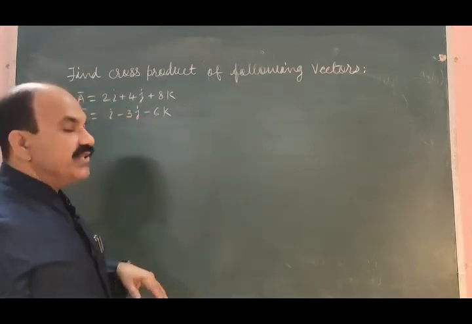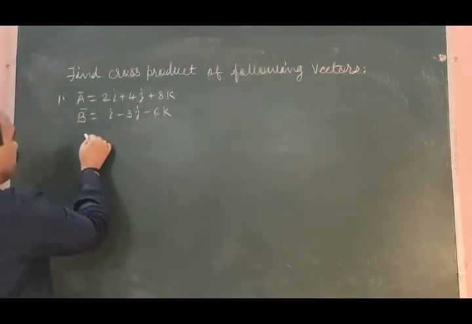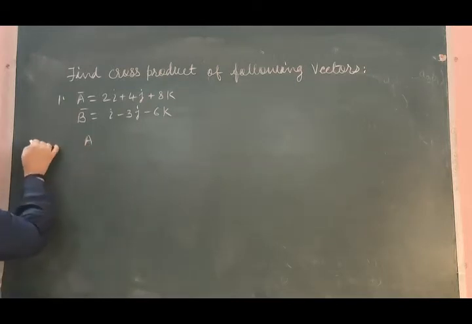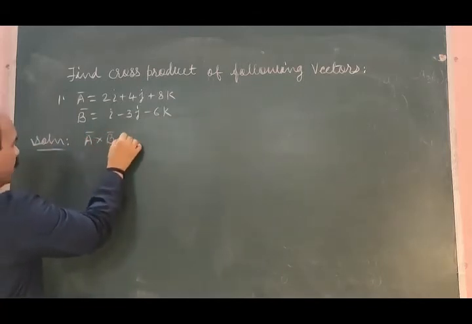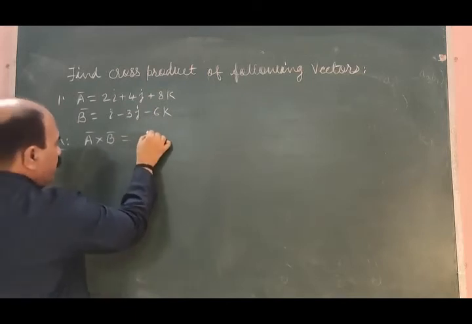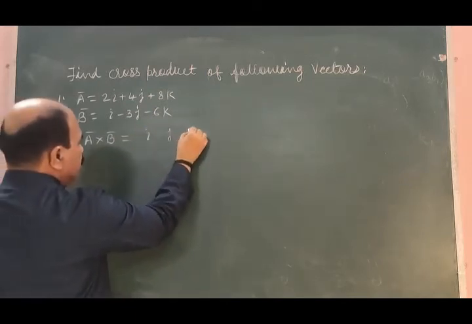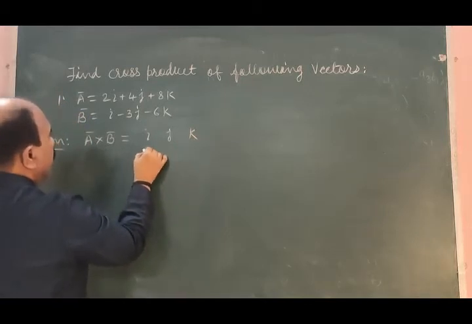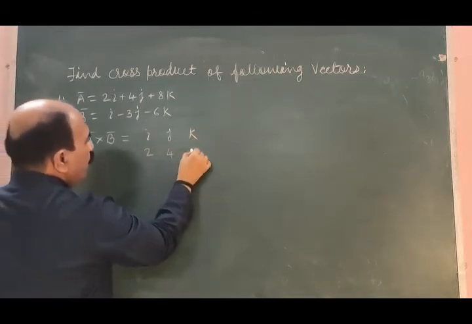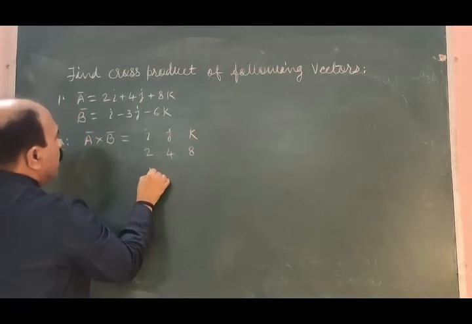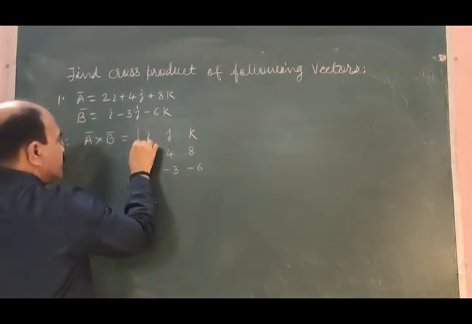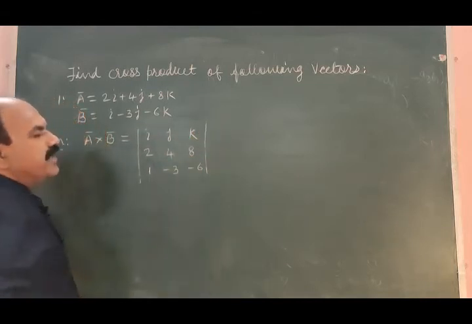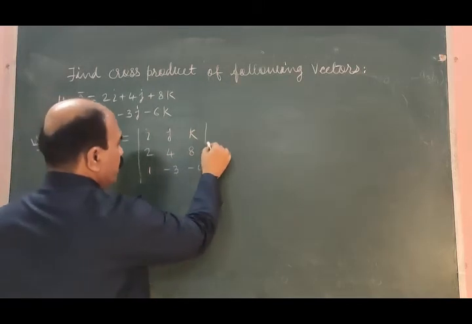Let me write this in the determinant form. Solution. Vector A cross vector B is equal to the determinant with rows i j k, 2 4 8, 1 minus 3 minus 6.